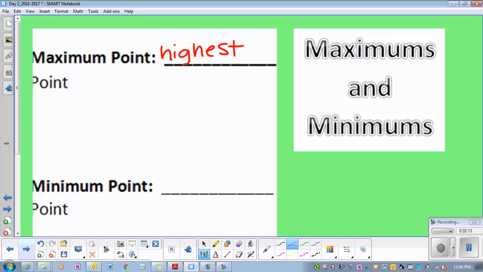The absolute highest point of your graph is the maximum. And there are actually 2 we can talk about. The absolute highest is the highest point of your whole entire graph.